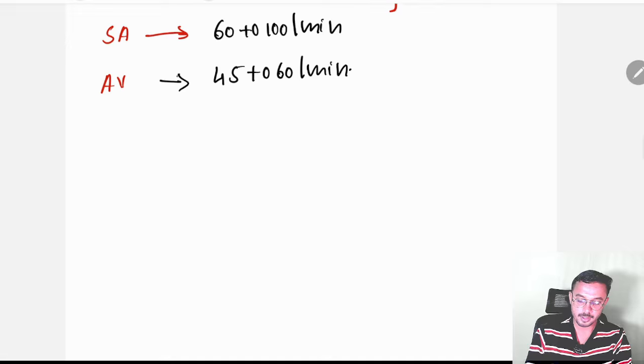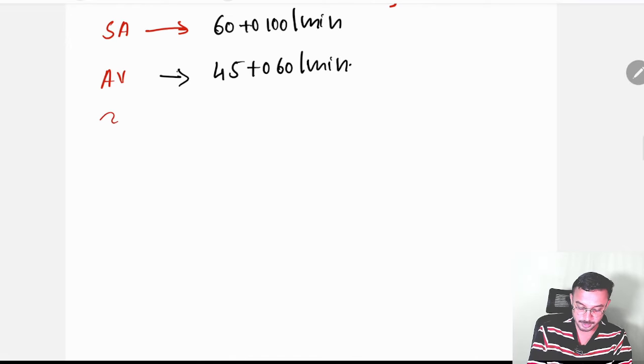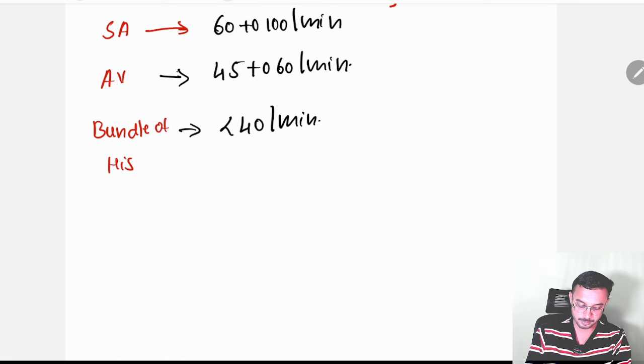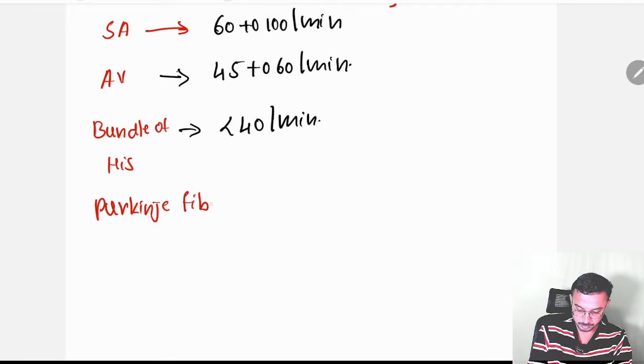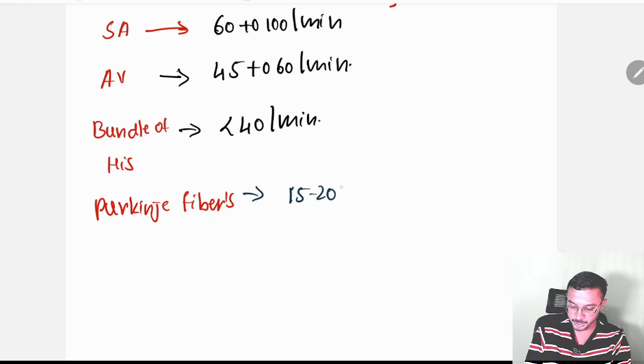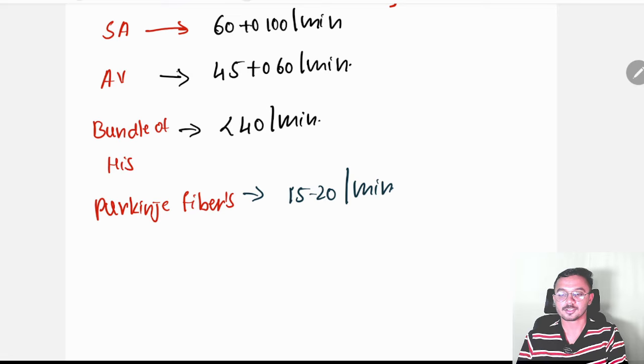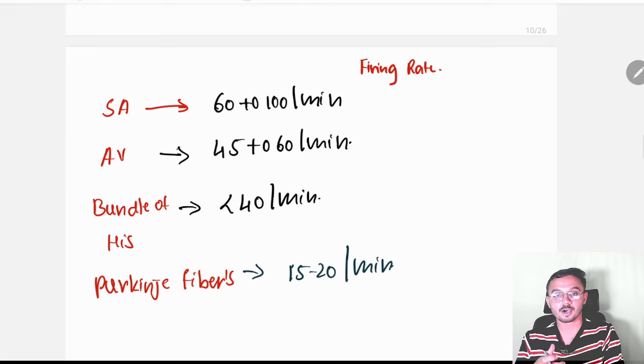And next, the bundle of His, how much current can it generate? Less than 40 per minute. And next is Purkinje fibers. How much can they generate? 15 to 20 beats per minute. Okay, so these are all about the firing systems of the heart, how much each can generate.